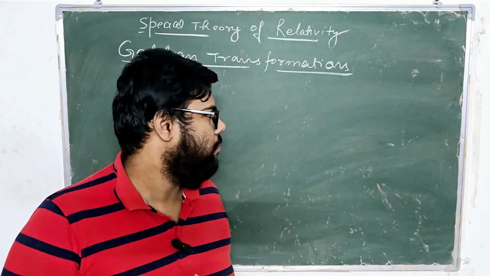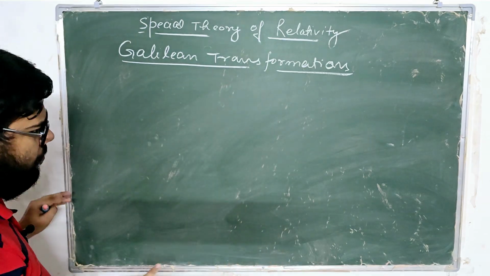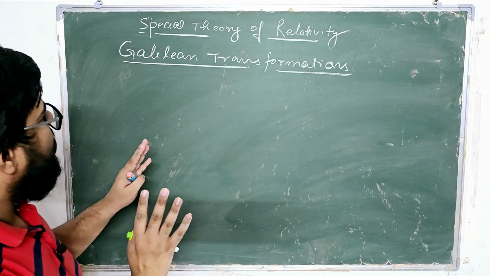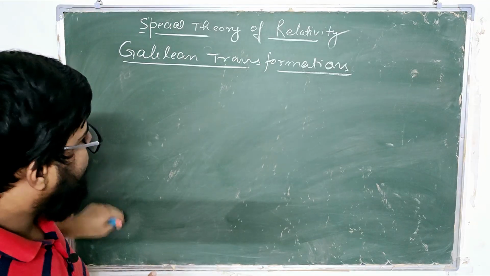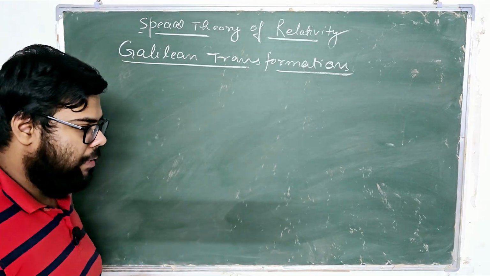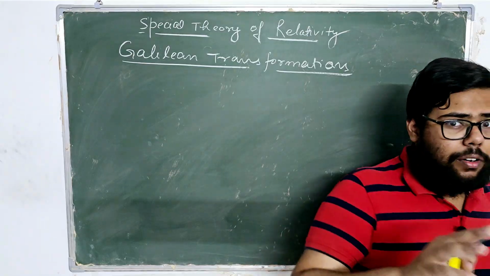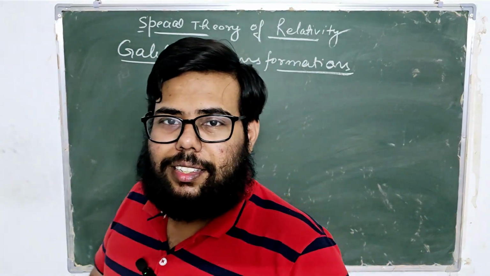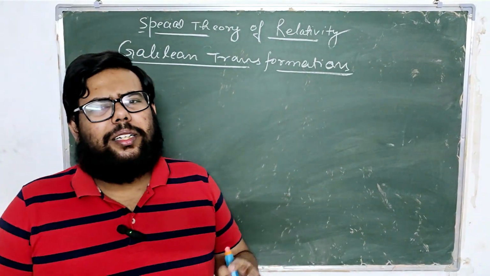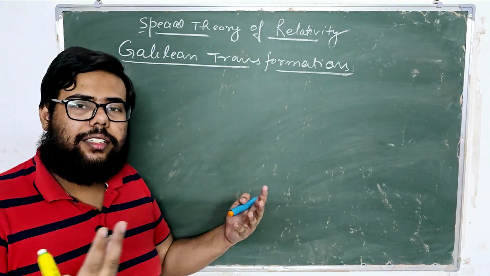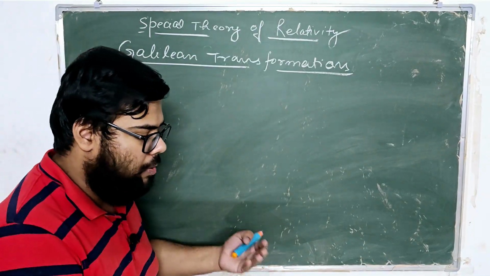For example, with respect to you, this board is at rest, and if I start moving, for your frame of reference you feel that I am moving. But for me, of course, it is my intelligence that I know I'm moving.